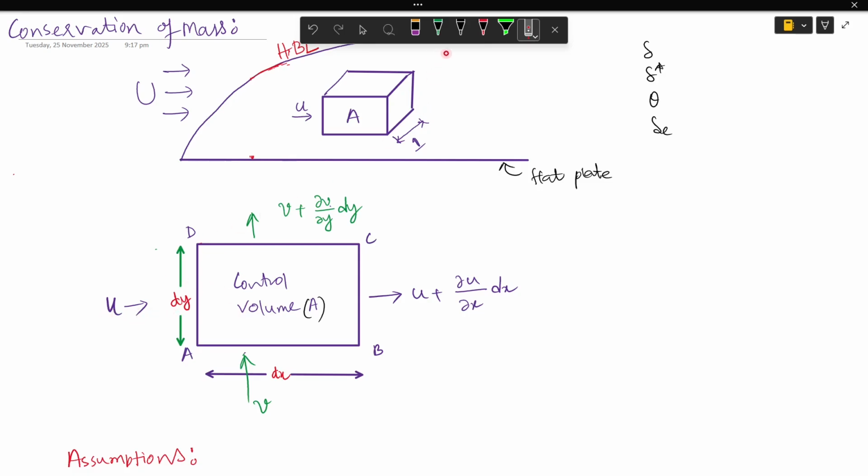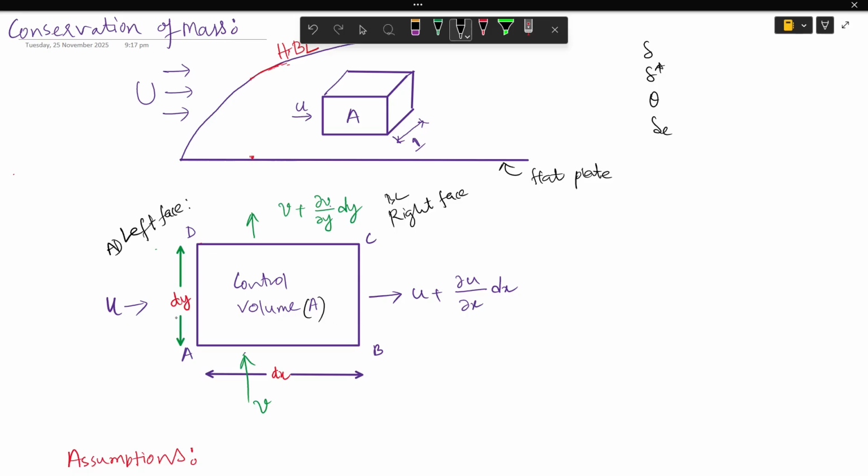If this is the left face, we can name it the left face, and we can name this the right face. The left face is our AD, and the right face is our BC, right?